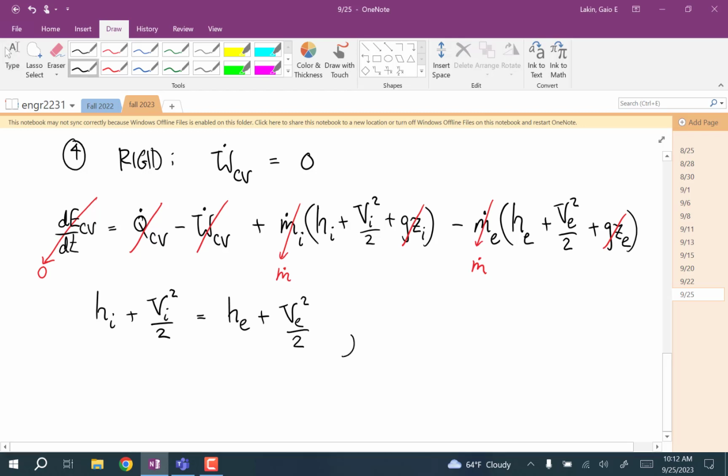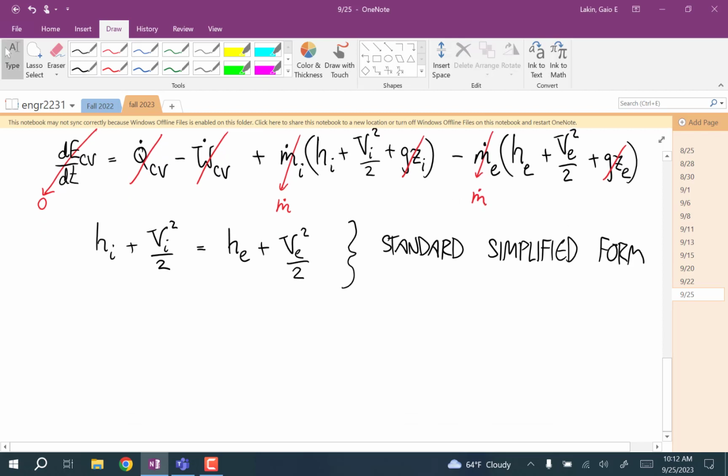That's the standard simplified form. But you won't always use this exact form for nozzles and diffusers, but this is always the basic idea of what's happening. So let's think about what this means for the two of them.